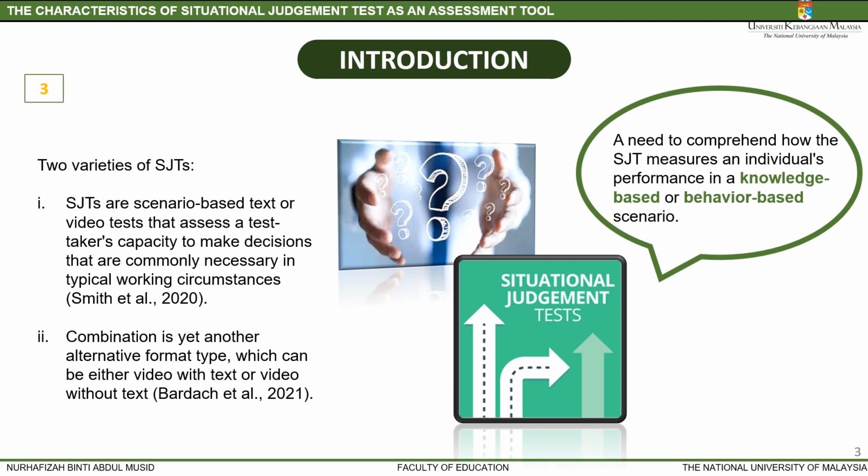There are two varieties of SJTs. SJTs are scenario-based tests or video tests that assess a test taker's capacity to make decisions that are commonly necessary in typical working circumstances. Combination is yet another alternative format type, which can be either video with text or video without text.